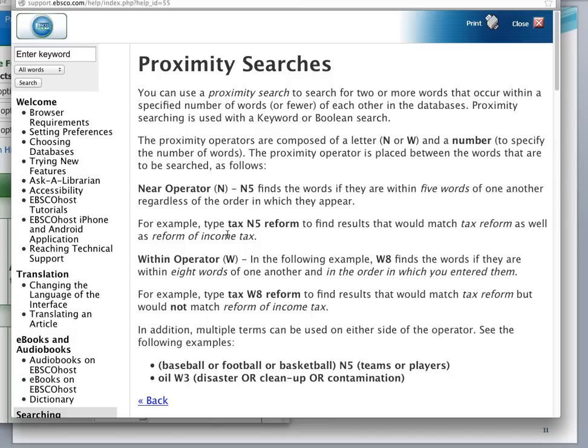The other one is the W, within operator. In the following example, W8 finds words if they are within eight words of one another and in the order in which you have entered them.